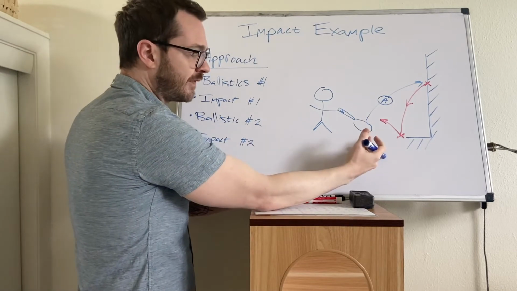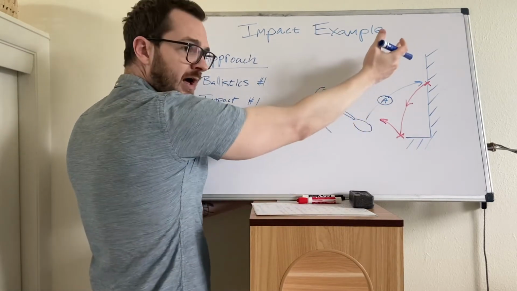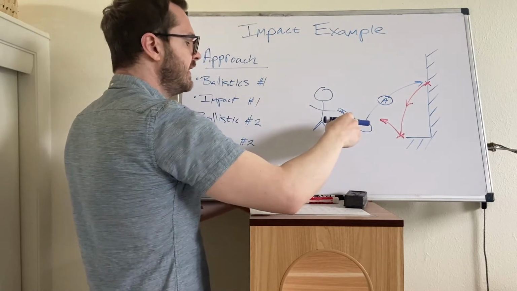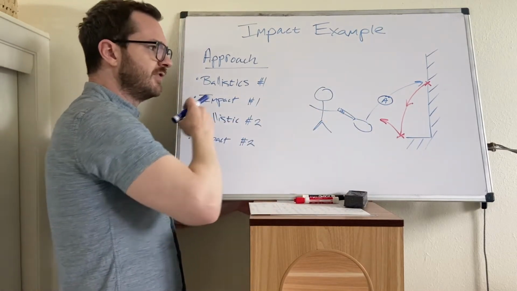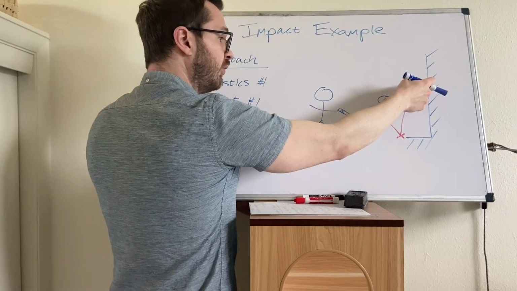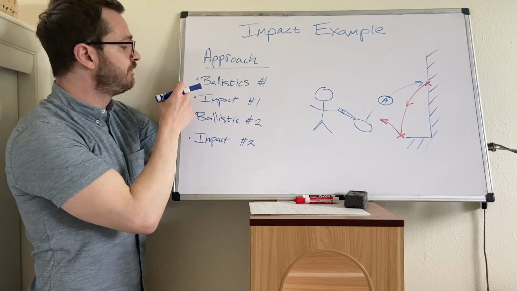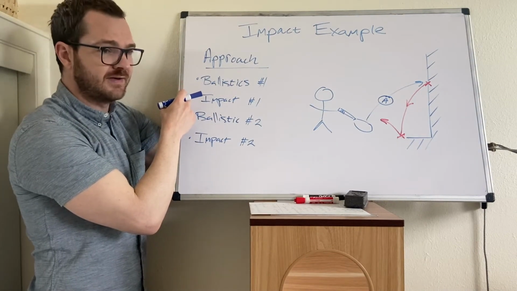Initial conditions for the first phase: it's at a certain height and it's going to have a certain velocity coming out of the racket. And then initial conditions for the second phase are its trajectory coming out of the first impact point. So we need to solve for that second set of initial conditions using this impact analysis.